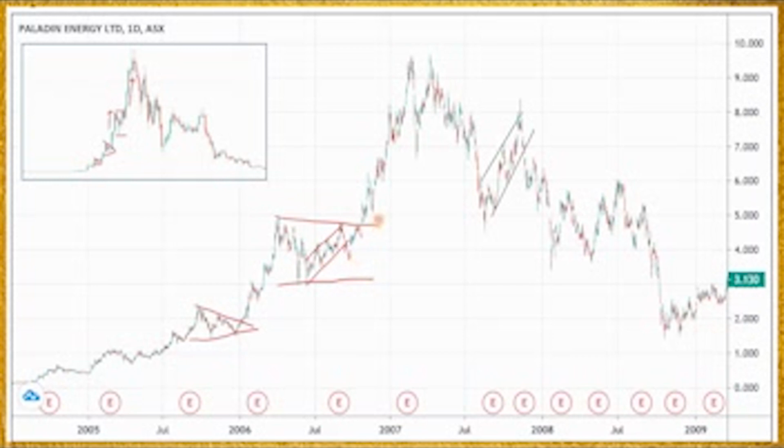It actually just kept storming up to make new highs. So although it's easy to look at some of these patterns retrospectively, this just goes to show that there are no guarantees. And when you look at them prospectively, you're not going to know whether you're at the top of the bubble or not. And that's part of the reason why it's worth looking at some of those psychological elements as well.